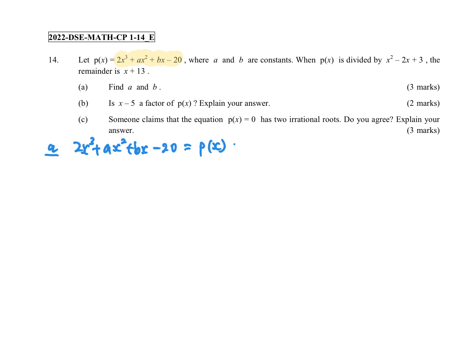Based on the division algorithm, when a cubic polynomial is divided by a quadratic polynomial, the quotient would be a linear polynomial, cx plus d, times the quadratic polynomial, and then plus the remainder polynomial.